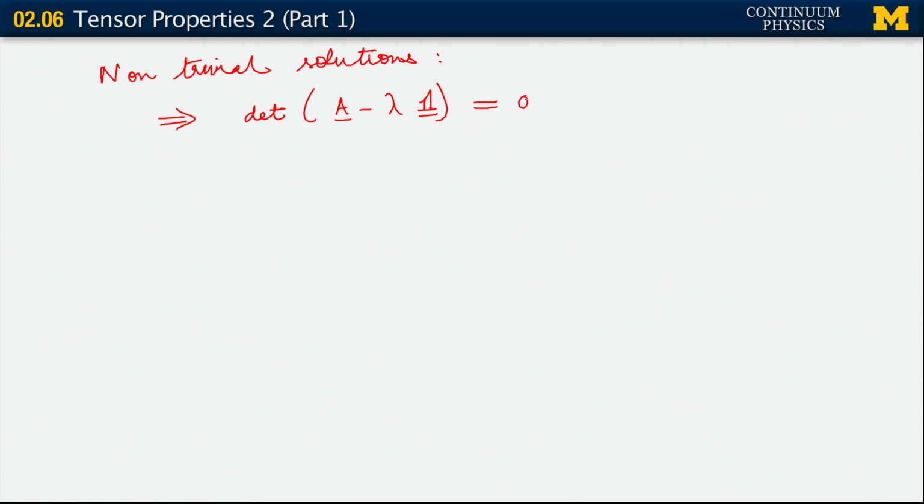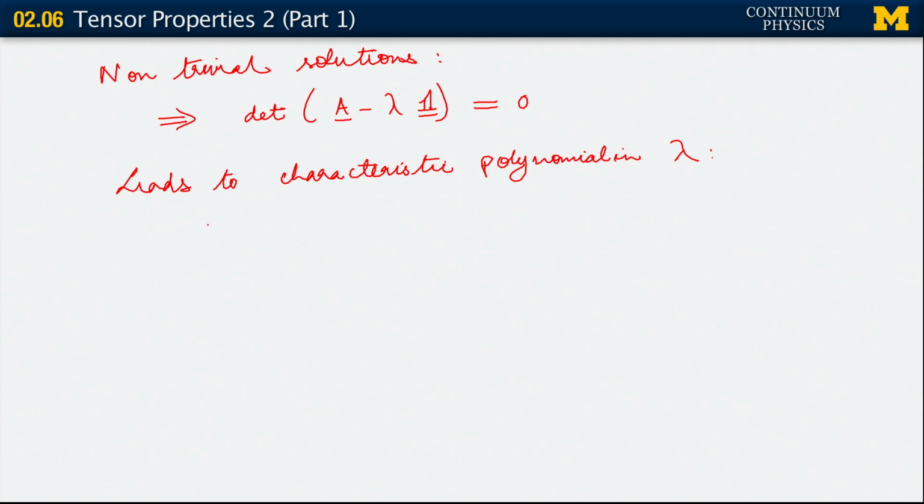What that condition gives us is the so-called characteristic polynomial in lambda.